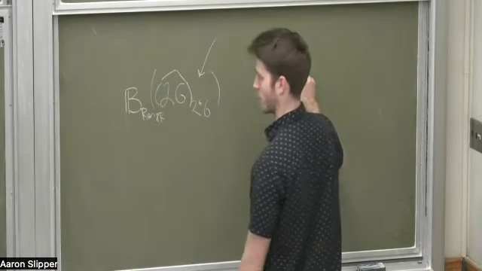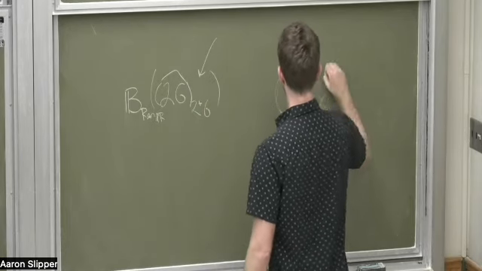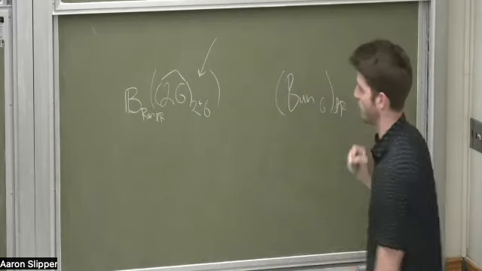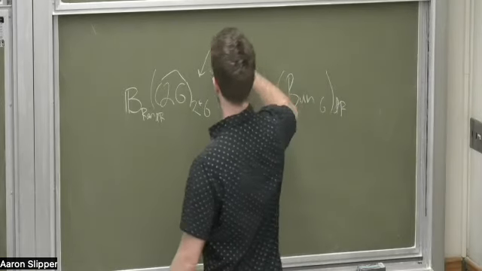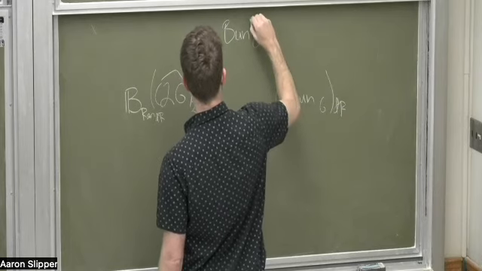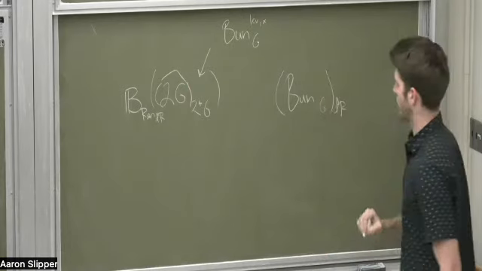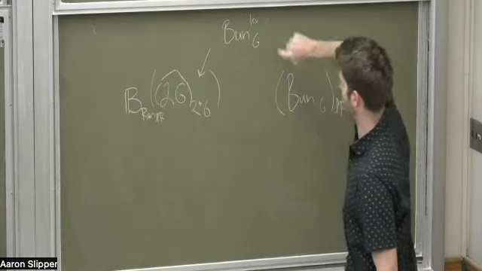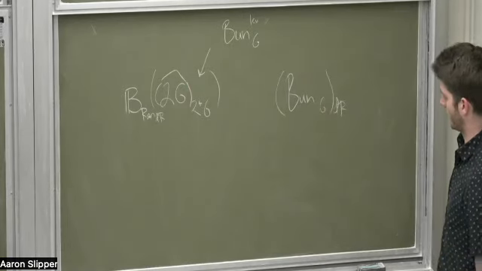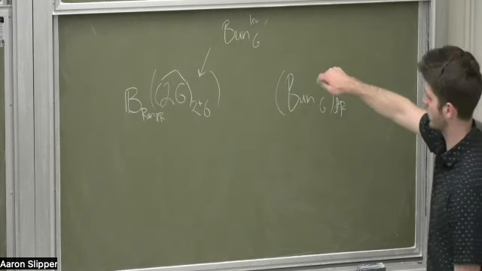And upstairs, well, let me first write over here. I'm going to have, of course, Bun_G, where D-modules on Bun_G live. And then what's upstairs? I have this pre-stack, actually, the scheme. I want to allow the point at which I take the level structure to move, so this lives over Ran space, right?